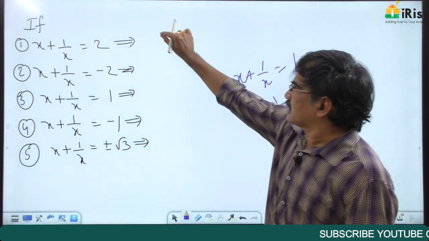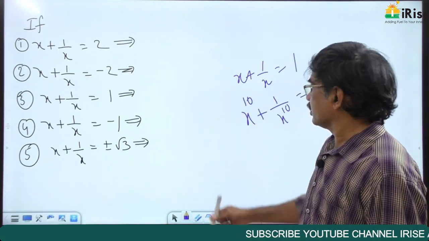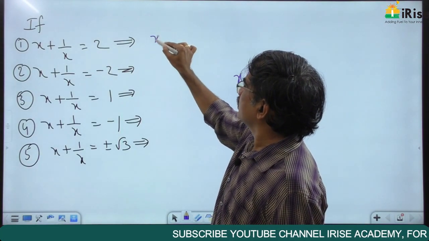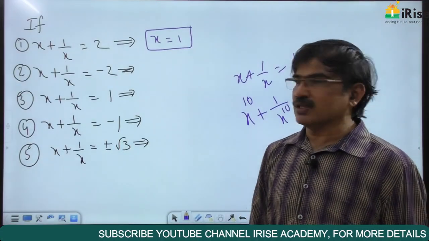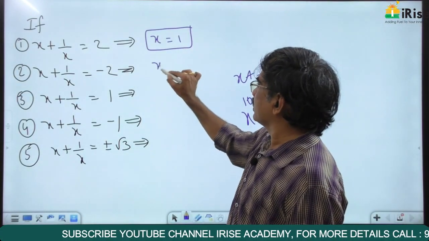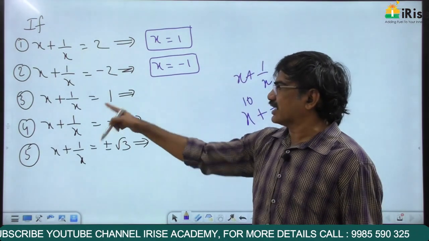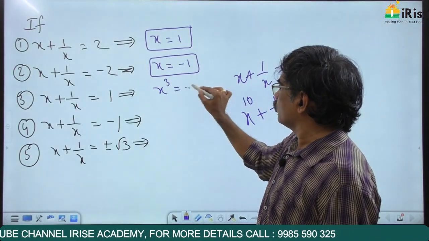I want to give simple points related to this. If x plus 1 by x is 2, then the conclusion is x is equal to 1. If x plus 1 by x is minus 2, then x is equal to minus 1. If x plus 1 by x is 1, then x cube is equal to minus 1.